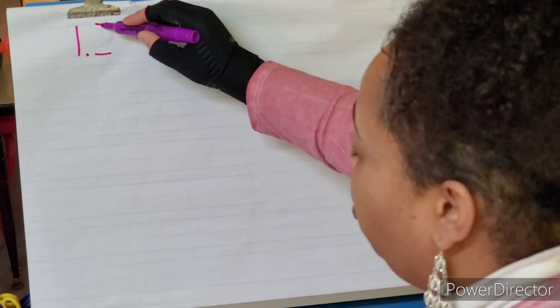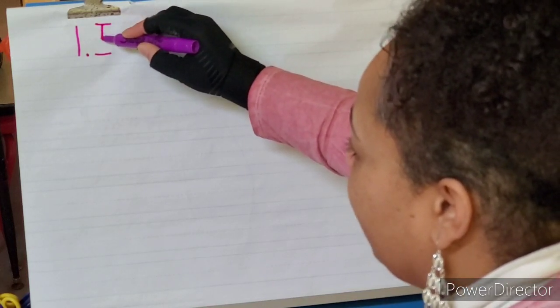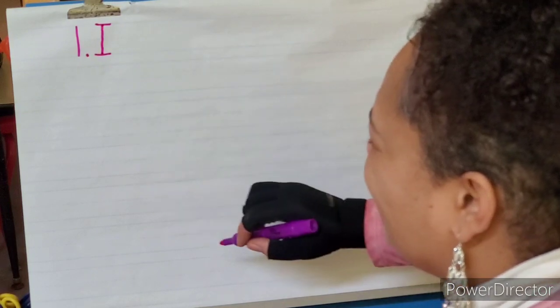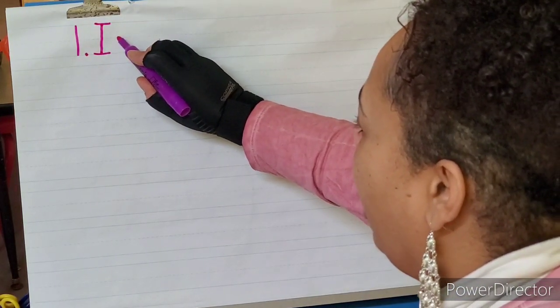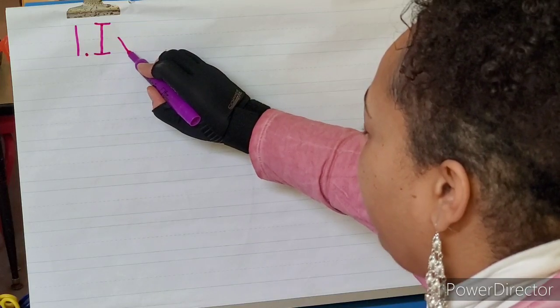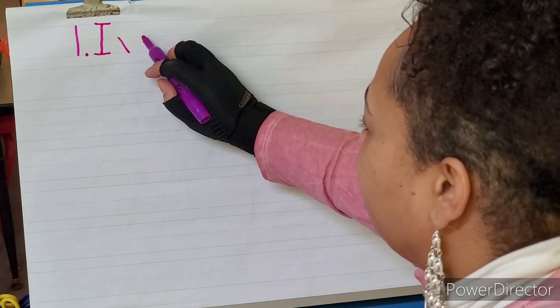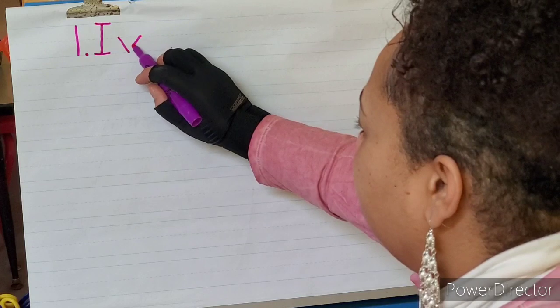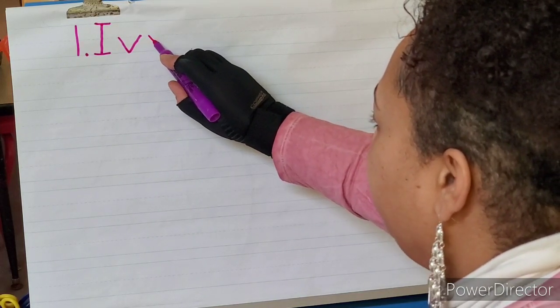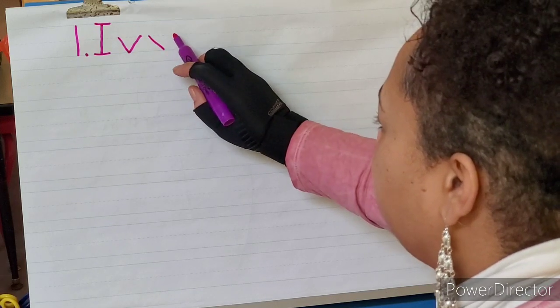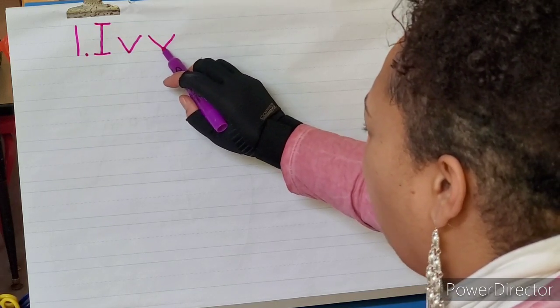I wrote 2 short horizontal lines, then I connect them together with 1 vertical. What letter do I have? The letter I. There I have a leaning line to make the letter V. I'm going to do another line, but this time this line will be longer.